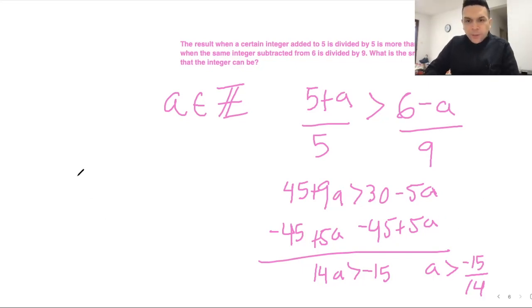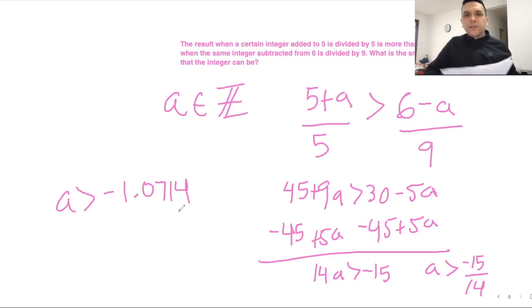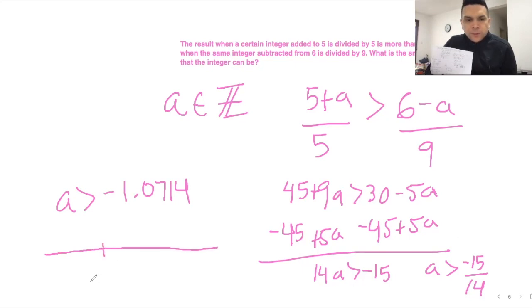Okay, let's do it here. a is greater than negative 1.0714. And it says, what's the smallest value that the integer can be? So if we do a number line, and this is negative 1.0714, and then around here we have negative 1.